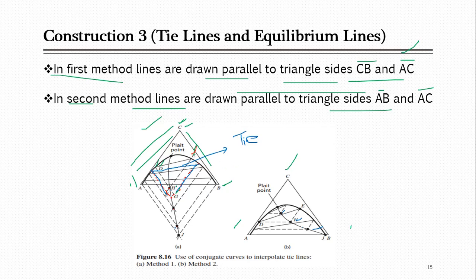I already explained how these points are located, but if you need more clarification, just watch that video and it will be clearer how this curve was formed and how those points are located back to draw a tie line which was not already available in the system. You will get a better idea. So up to here we are done with construction 3.